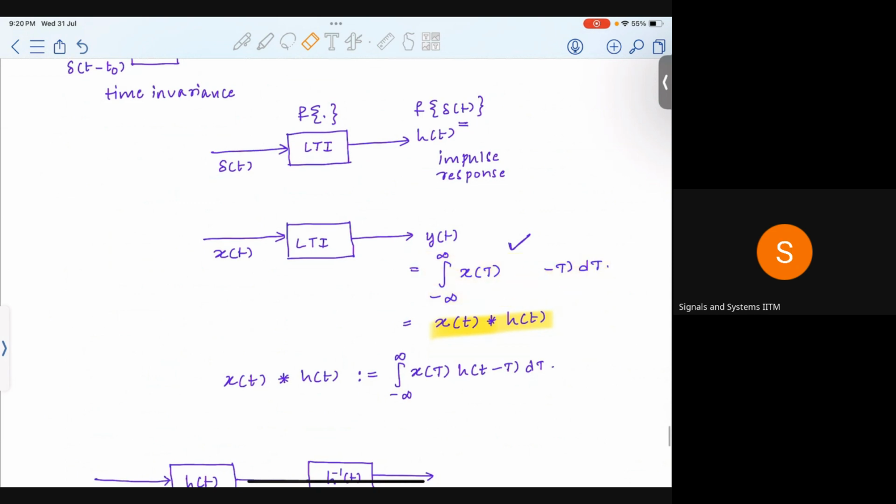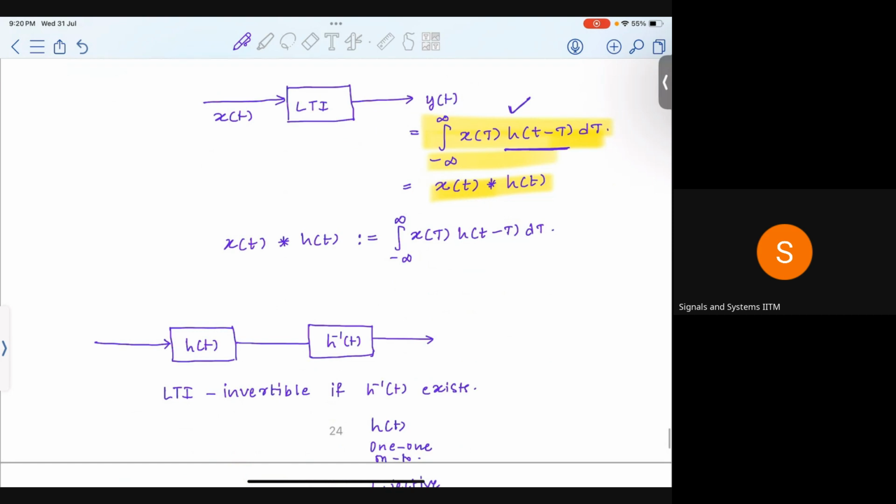So putting it in the bracket of the x, will it also be the same? Oh, so you're asking if this is also equal to the integral from minus infinity to infinity of h of tau x of t minus tau d tau.